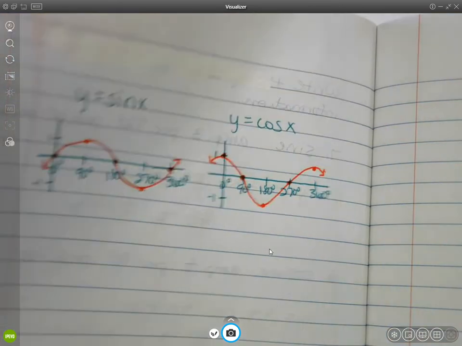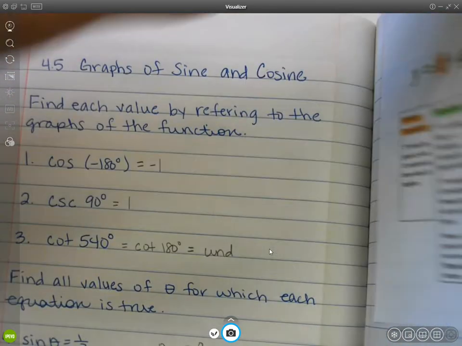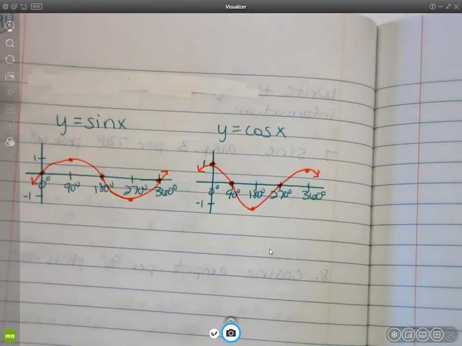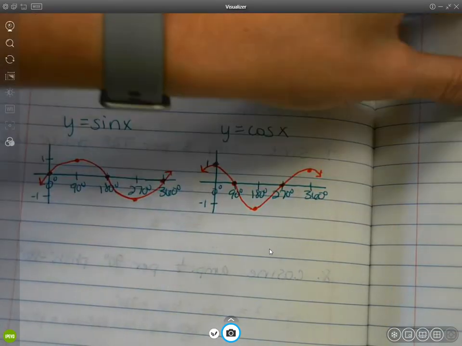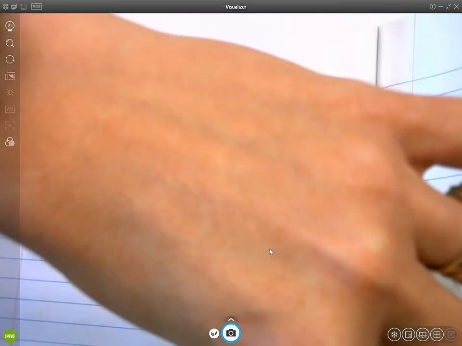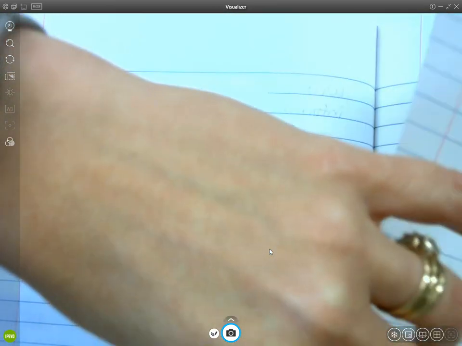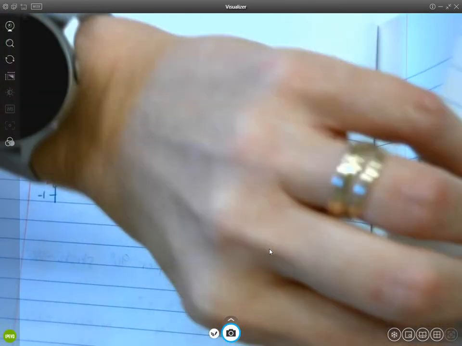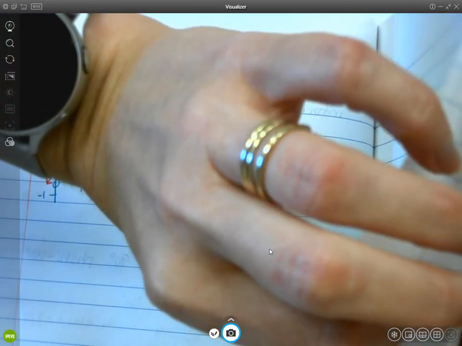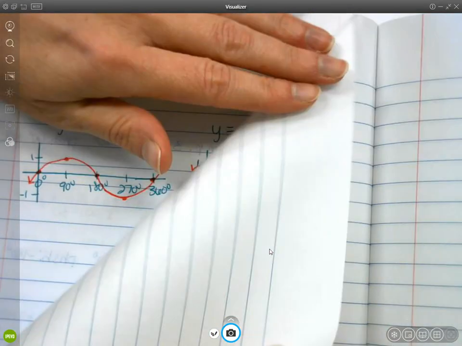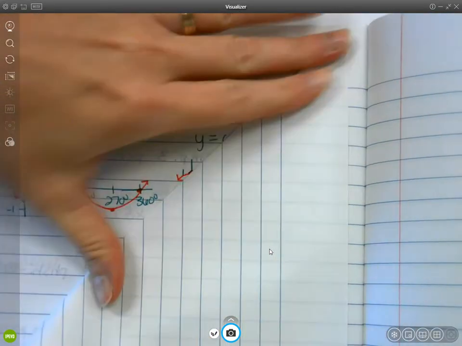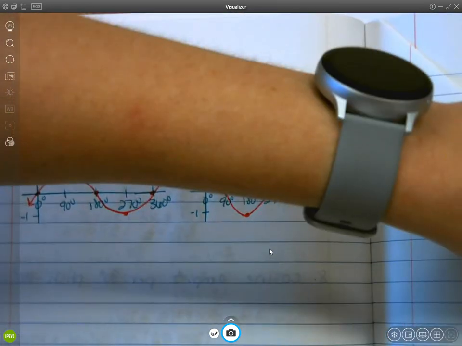So we labeled 4.5, and we got our sine and cosine basic graphs in there. And then we made a pocket, so that takes 2 pages. I need to go back and do this because I haven't done it yet. And then on the back of this page, we fold this down, glue it to make a pocket.